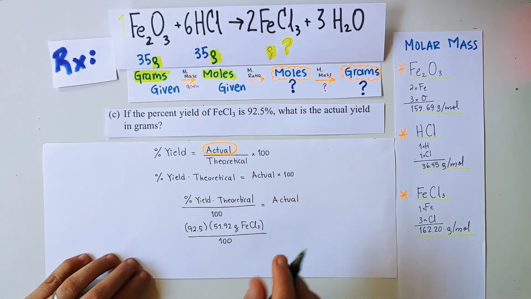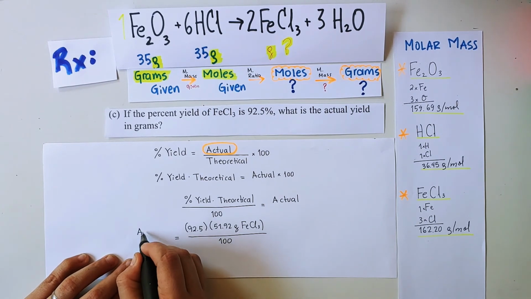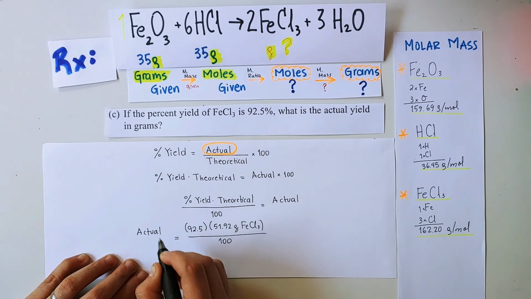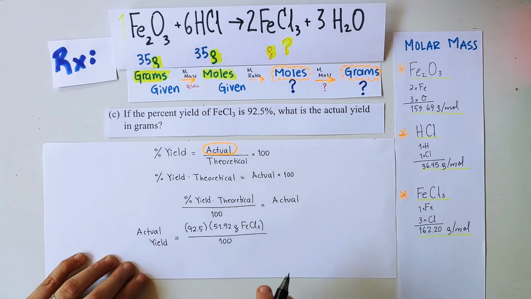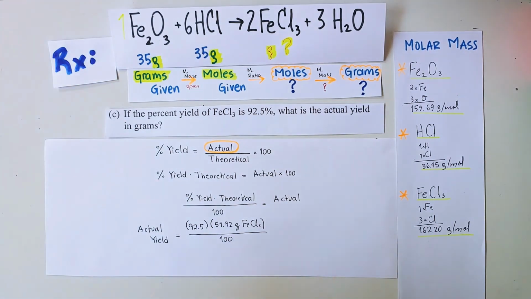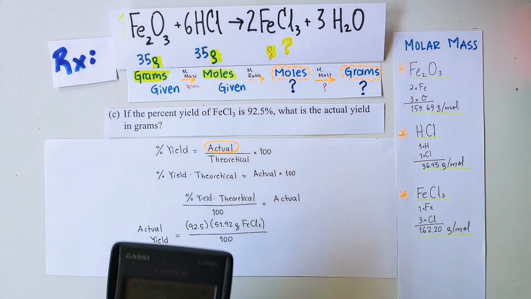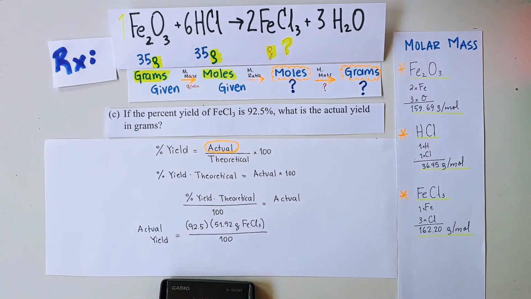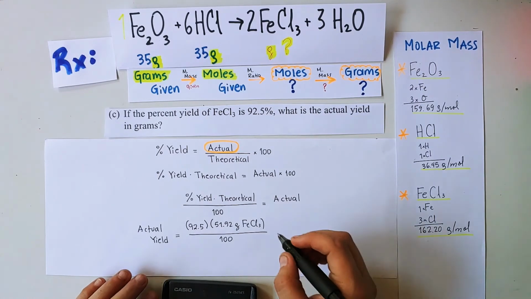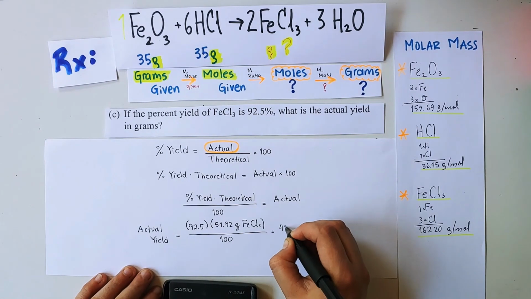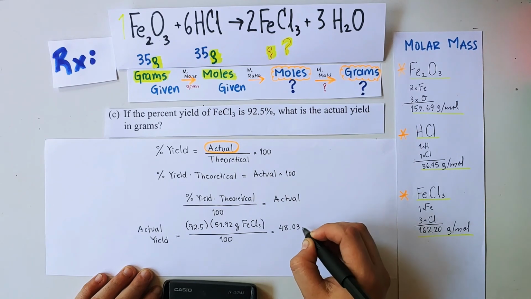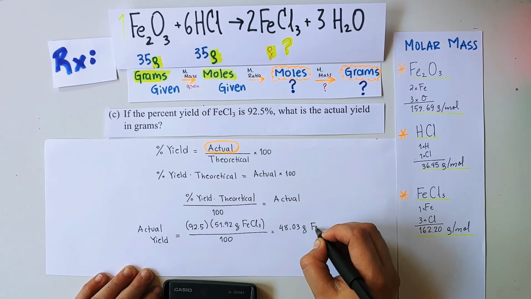So this is equal to your actual yield, and I got 48.03 grams of FeCl3.